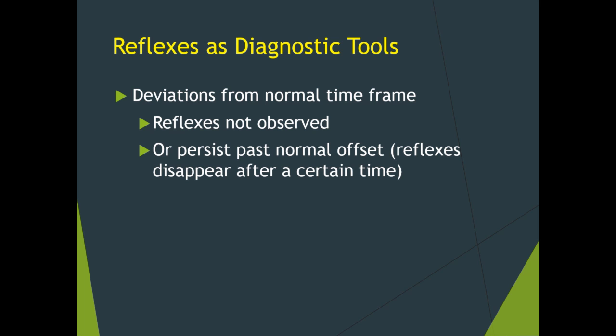The complexity of this involves the schedule. Certain reflexes are expected to disappear after a certain time. So what happens if that reflex continues to persist? Or what if an event happens that all of a sudden reflexes that should have disappeared long ago come out again?